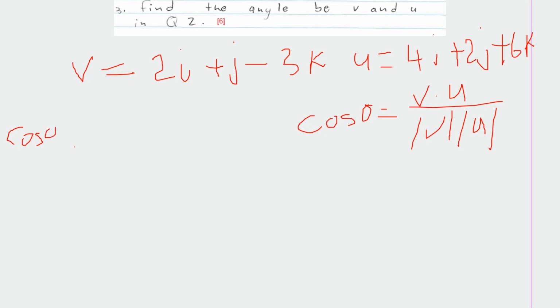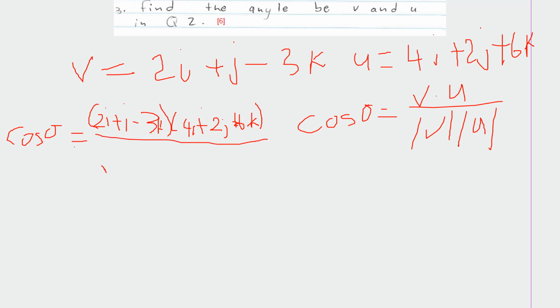So cos of theta is going to be the scalar product of 2i plus j minus 3k and 4i plus 2j plus 6k, all divided by the magnitude of v, which is going to be the square root of 2 squared plus 1 squared plus 3 squared, multiplied by the magnitude of u, which is going to be 4 squared plus 2 squared plus 6 squared.